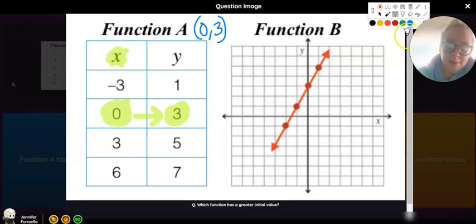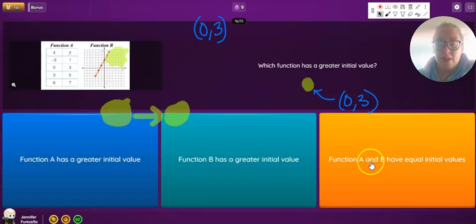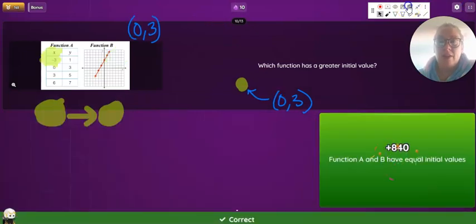For function B, x is 0 when it's on the y-intercept, and that is happening right here. So that point has a 0 placement for x, and it went up 1, 2, 3. So these two functions actually have the same y-intercept, which is a value of 3. So they have equal initial values.